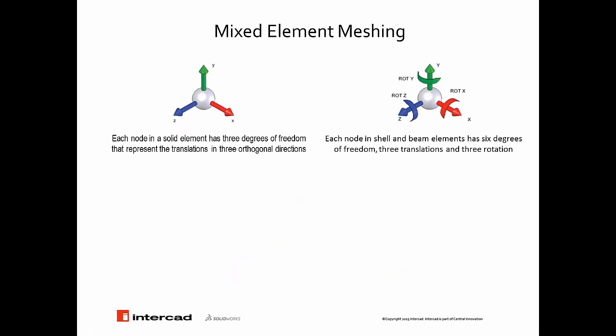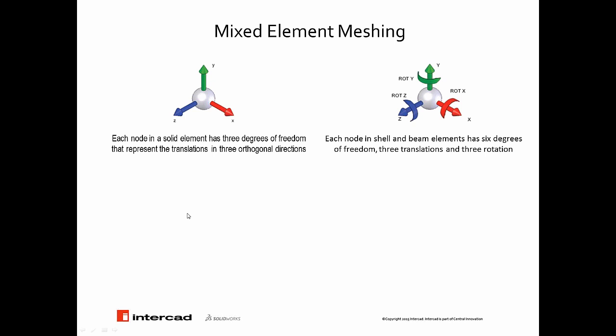If you remember from a previous slide, we said any beam element has 6 degrees of freedom, and this is true for the shell elements as well. But solid ones, as we are going through all three directions X, Y, Z, just have 3 degrees of freedom of translation.